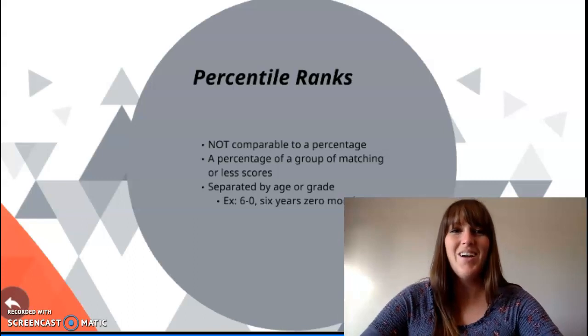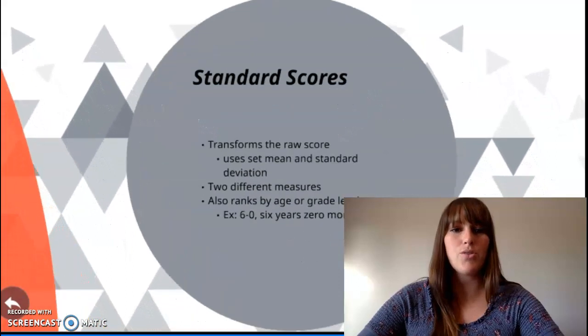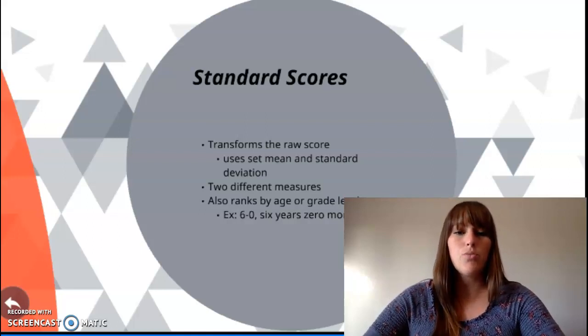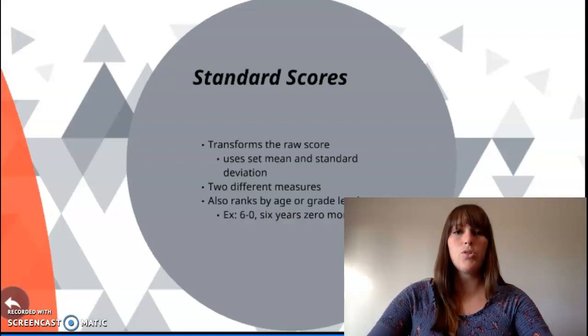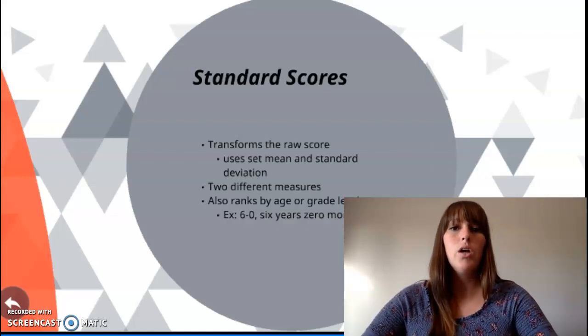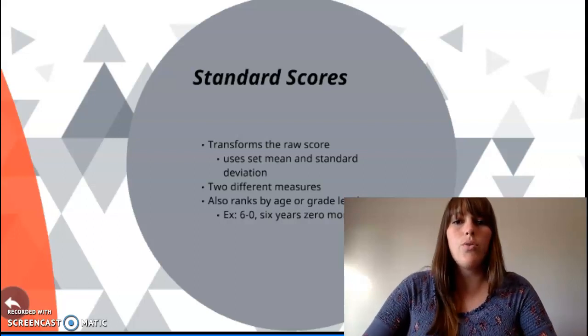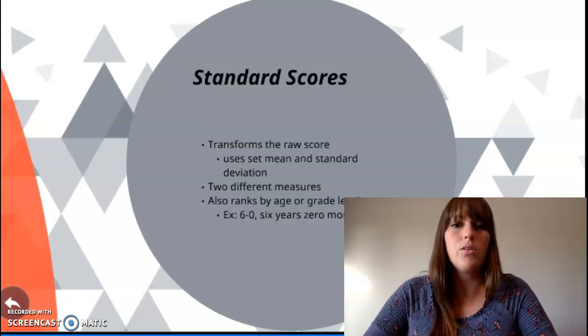So now we are going to be talking about standard scores. Standard scores are another form of derived score that uses the norm reference measure, and standard scores transform the raw score to a new scale using a set mean and standard deviation, or the amount by which a single score deviates from a fixed value.